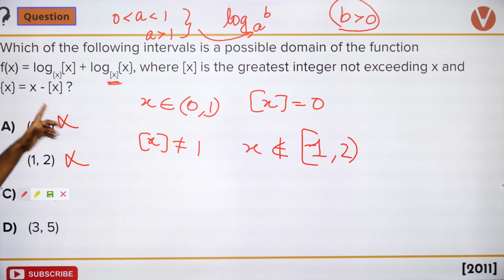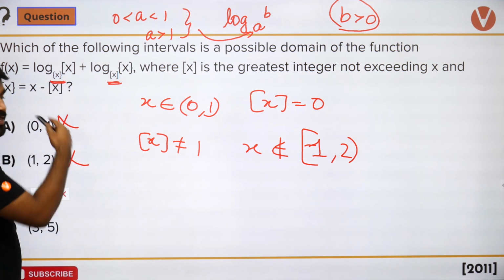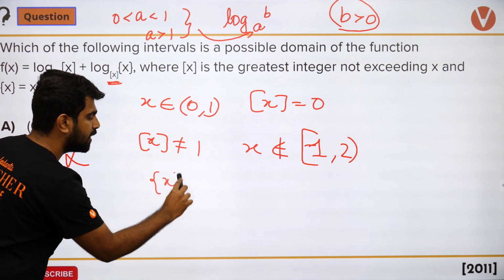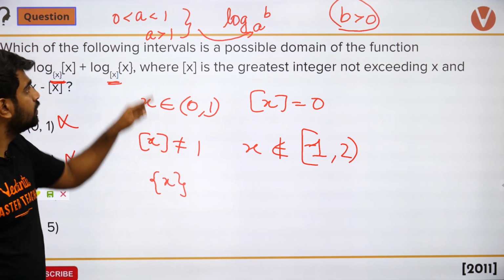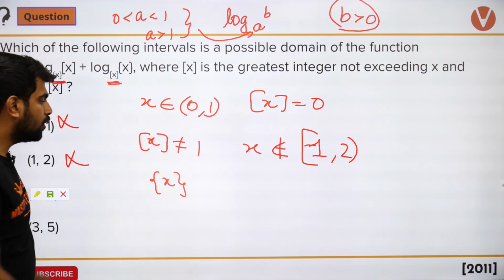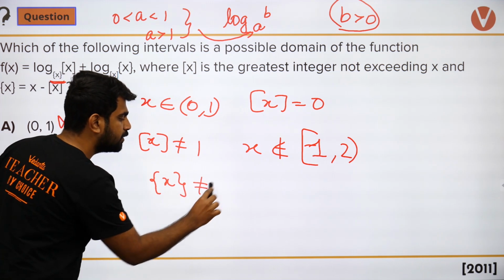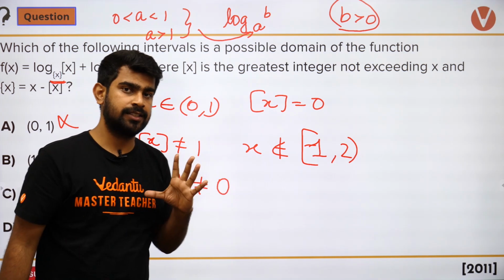Now the next thing I would like to discuss is, look at this one. Here what do we have? In the base we have the fractional part of x. And guys, the base can never be 0, isn't it? Therefore, when will the fractional part of x be 0? The fractional part of x will be 0 at integer points.